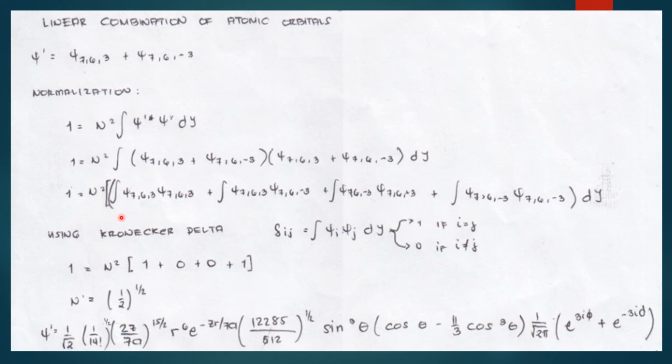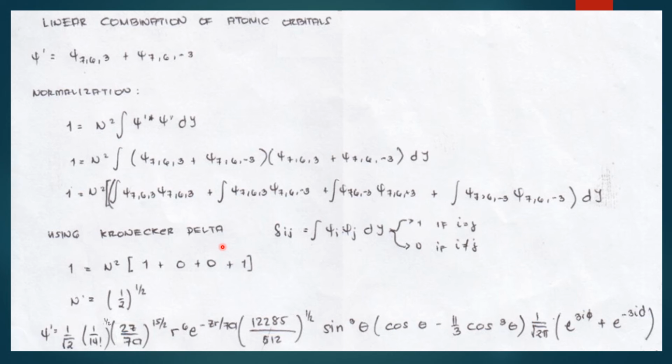Distributing the integral and multiplying these terms will give us 1 is equal to n squared bracket integral of psi 7 6 3 psi 7 6 3 plus integral of psi 7 6 3 psi 7 6 negative 3 plus psi 7 6 3 psi 7 6 negative 3 plus integral of psi 7 6 negative 3 psi 7 6 negative 3 d tau.